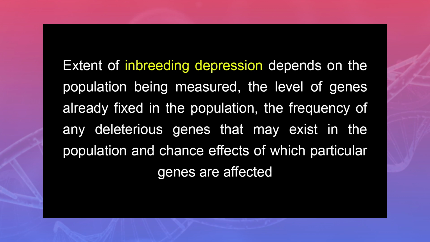The extent of inbreeding depression depends on the population being measured, the level of genes already fixed in the population, the frequency of any deleterious genes that may exist in the population, and chance effects of which particular genes are affected. There is no defined limit as to what is an acceptable level of inbreeding in domestic animal populations.